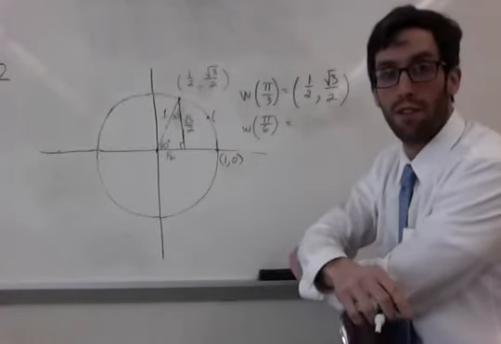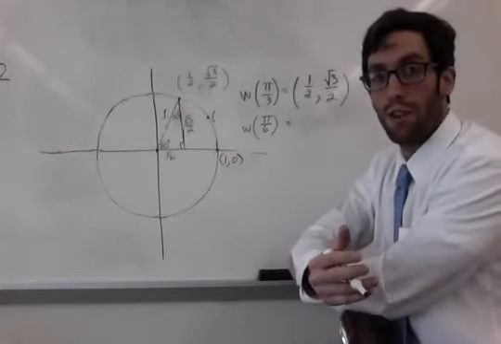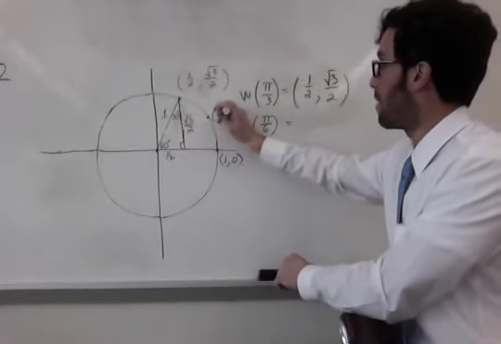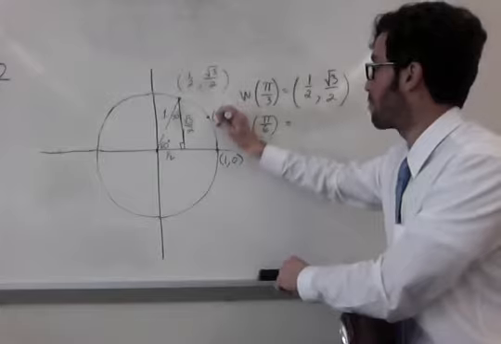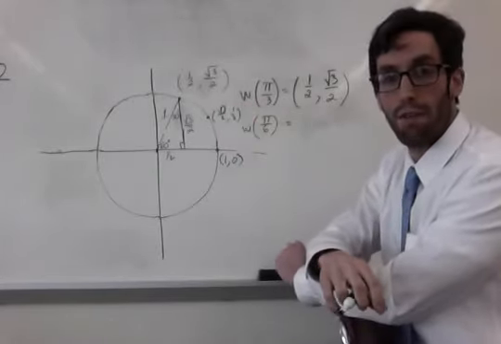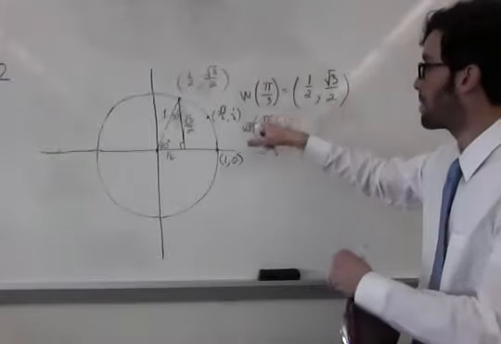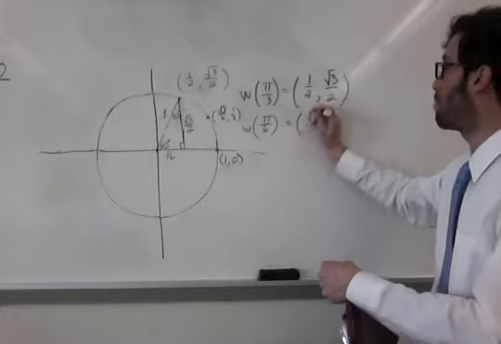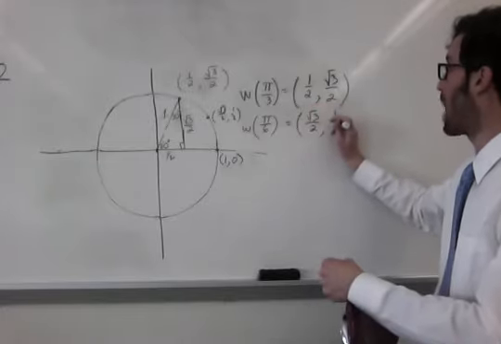For the same reason, you still have a radius of 1, so you can set up the same diagram, and these just get switched. So it turns out that we have root 3 over 2, comma, 1/2, as the result of a rotation of 30 degrees. So W of pi over 6, which is like 30 degrees, would get us root 3 over 2, comma, 1/2.